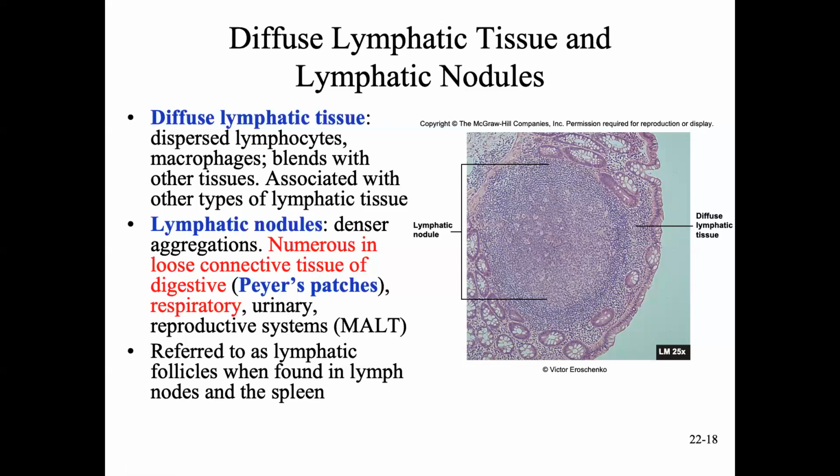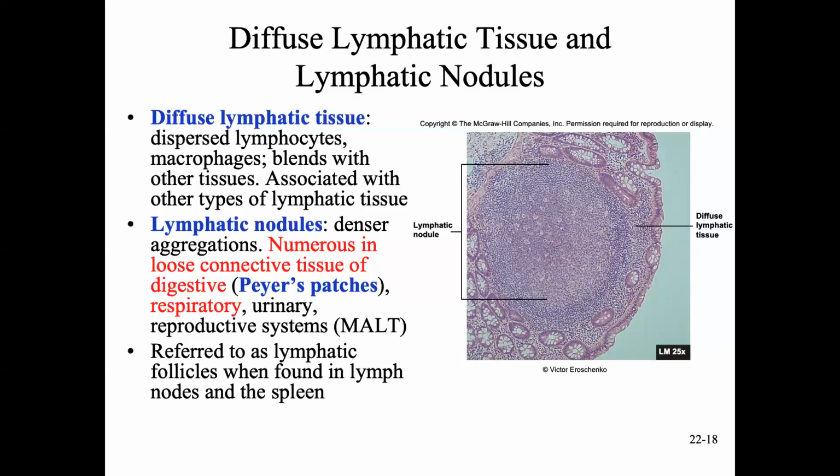Keep in mind, when we do a CBC and we're only checking the formed elements, 99% of the cells are going to be red blood cells. Only 1% is going to be white blood cells, right? So we have very little white blood cells floating around our blood at any one time.